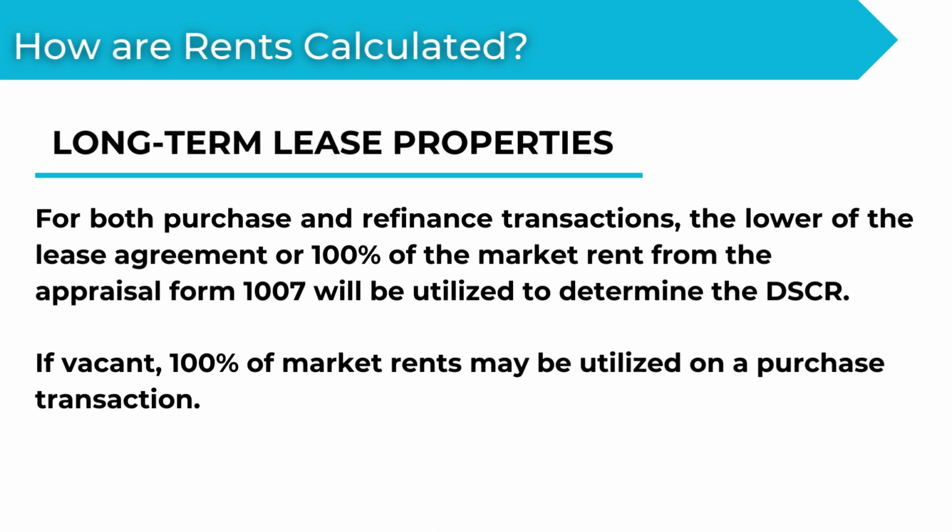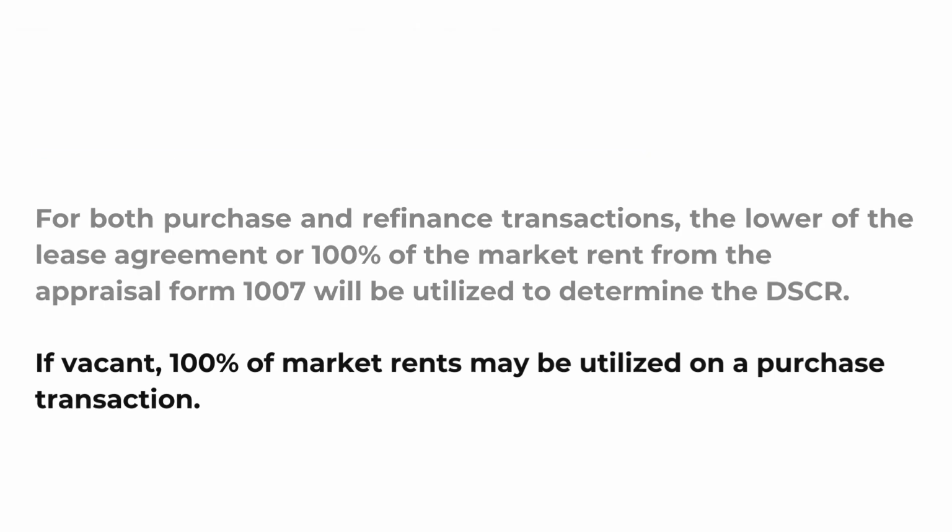Now, some lenders will use the lease even if it is greater than what the market rents are from the actual appraiser, but that's lender to lender, and sometimes an exception needs to be made. So make sure that you ask that up front to the lender or the broker that you're working with.